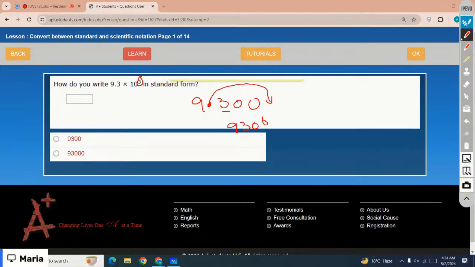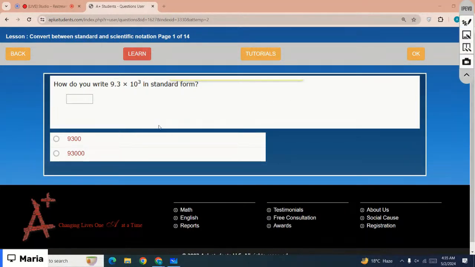So the correct option is 9300. The correct option is option number 1, that is 9300.